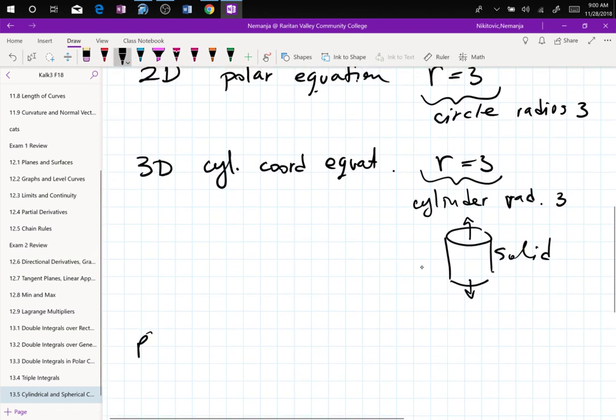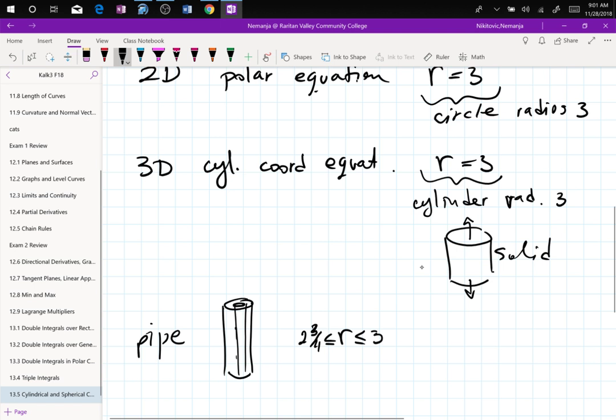If you want a pipe like this that has a hole inside, you would have your cylindrical equation r in between two numbers. Let's say the outer diameter is 3 inches, and the inside diameter is 2 3/4 inches. So this would be a quarter-inch thick wall.